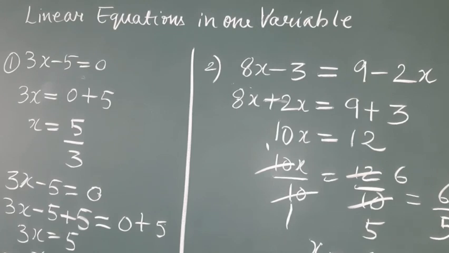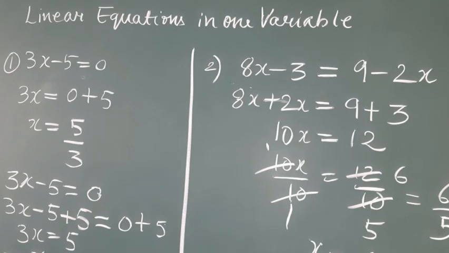Now going on to the right hand side, it is 9, and in the left hand side it was minus 3. Once it moved on to the right hand side, it became plus 3. So 9 plus 3 is 12. So now 10x is equals to 12. As you all can see that 10 is in multiplication with x. So in order to cancel this, I have divided both sides of the equations by 10.